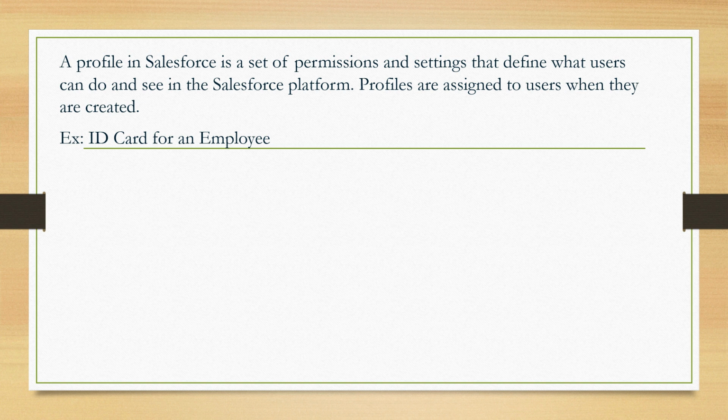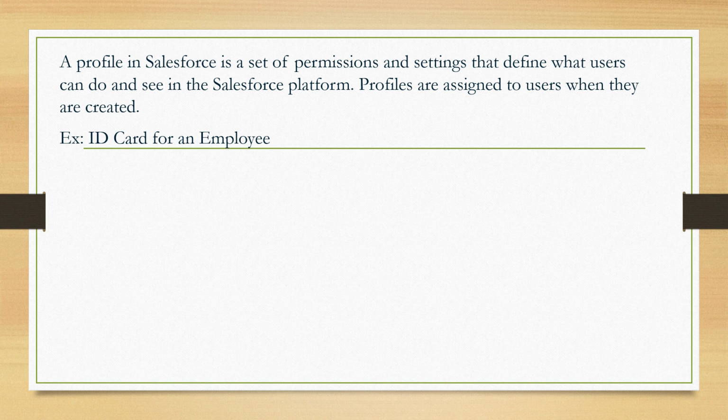Once an employee joins the organization, according to his designation, an ID card with some kind of permission is given to him. Based on that, he can go to different locations in the office. He is not allowed to go to the CEO's room and see everything. He has limited access based on his designation. Yes or no?